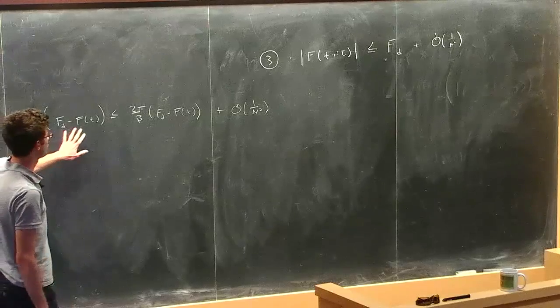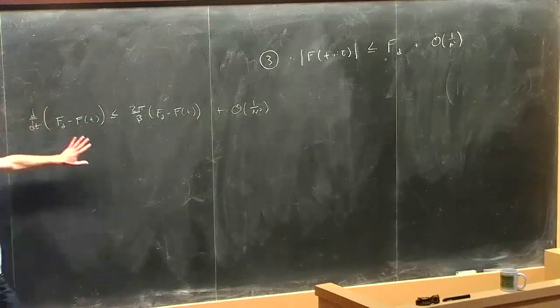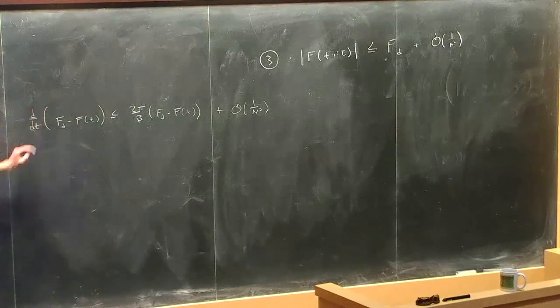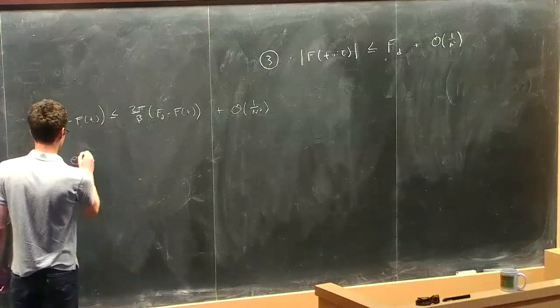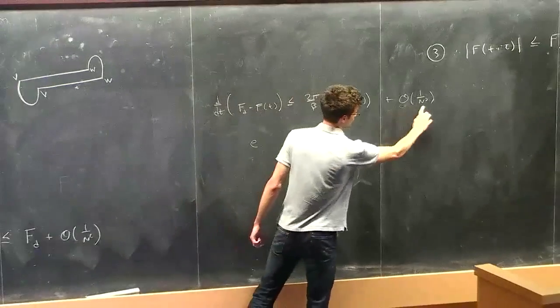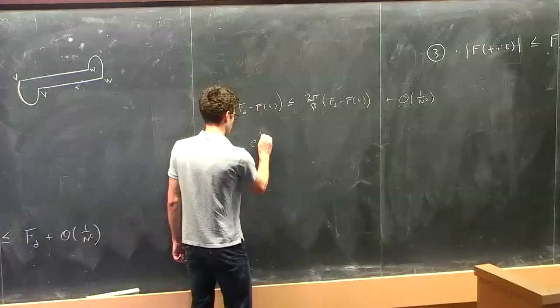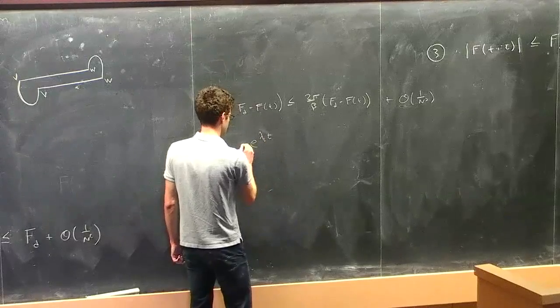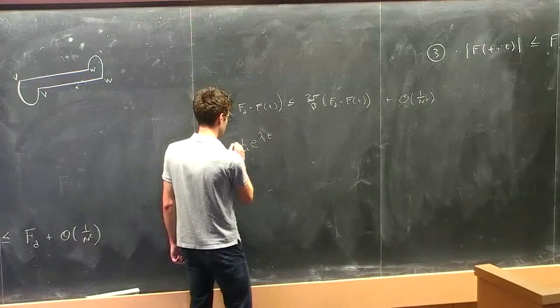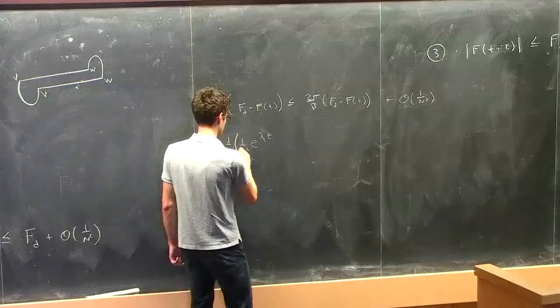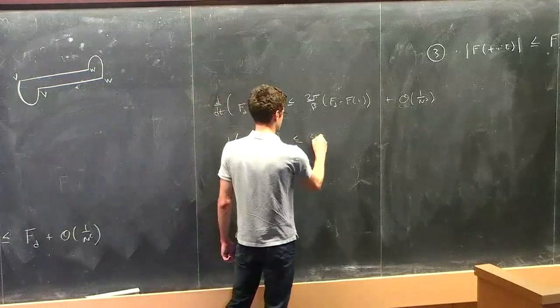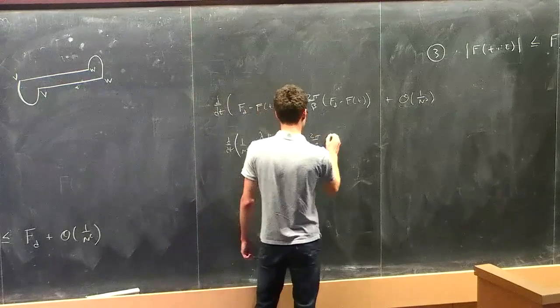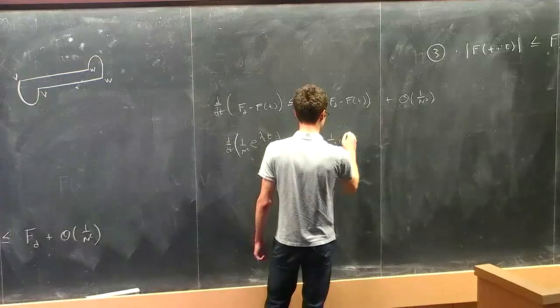So now this is the result. We could imagine that we put in an ansatz here just to illustrate how unimportant this correction term is: 1 over e to the lambda t times 1 over N squared. So the time derivative of this thing is less than 2 pi over beta times that same function.